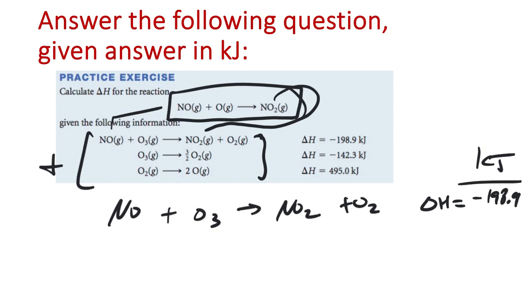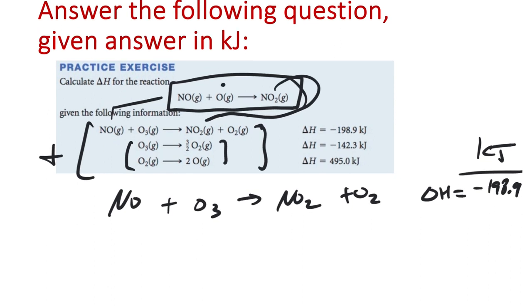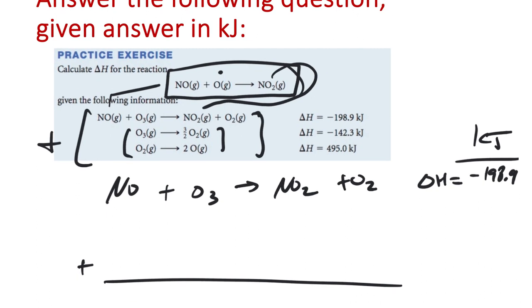And so the other two reactions must be used to get the O into the proper place and to remove some other type of intermediate from the problem. Like if you notice, there's no O3 in the overall desired reaction we're trying to add up to. Let's make sure that we see that the target here is adding these up to get NO plus O goes to NO2.